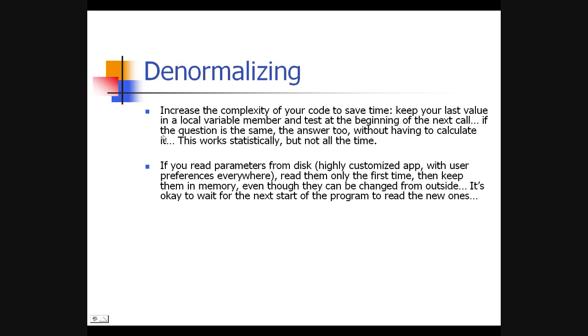It's only the next time you choose to read from disk, which can be only the next time you start the program, or every hour or so you reset everything and restart, whatever you need. But until then you will still use the old parameters. So if it's okay in the case of your application to have this kind of behavior, then that's another way to speed up things.